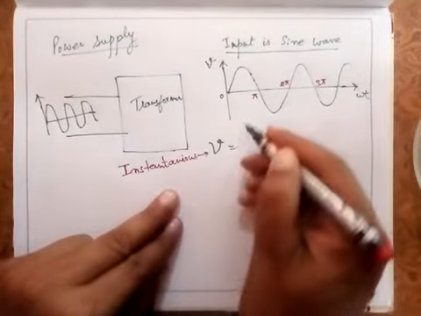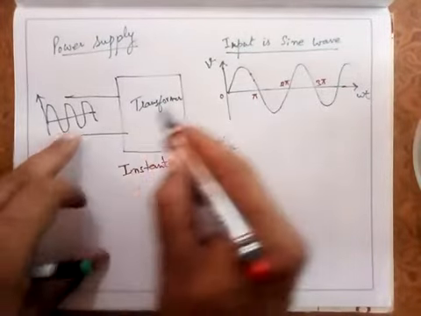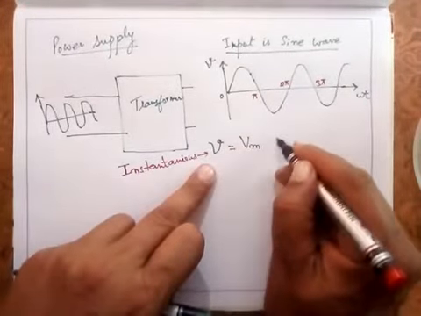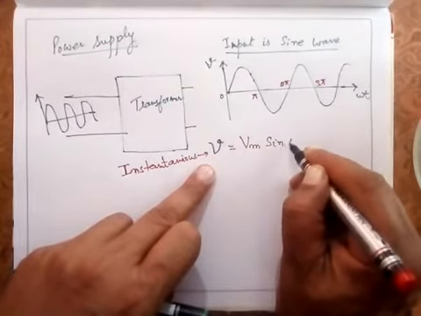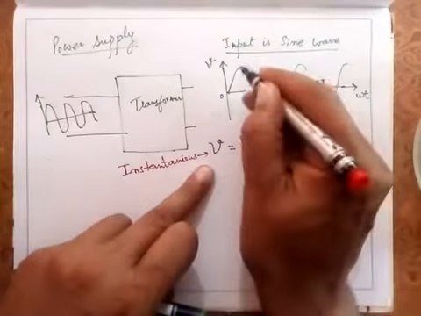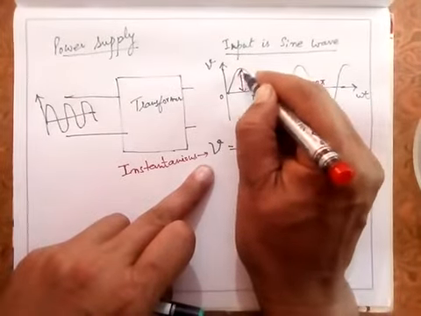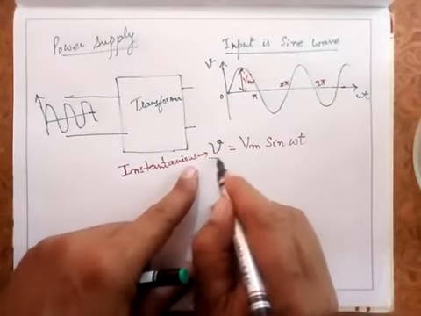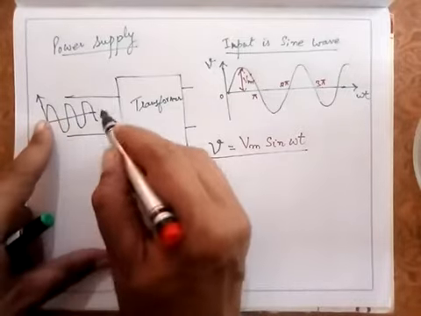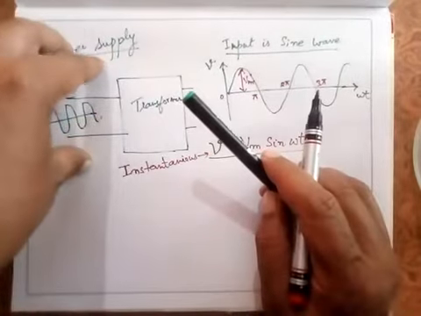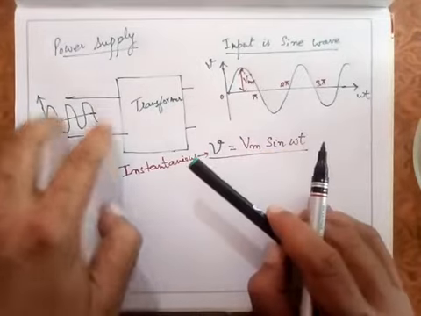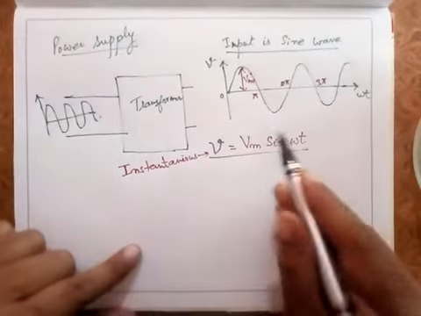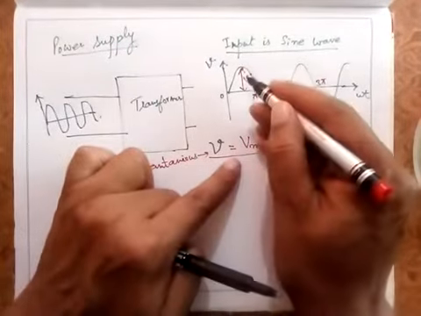We'll assume that the instantaneous value of this signal is V equals Vm sine omega t, where Vm is the maximum value. We'll assume this equation always: the input initially supplied to a power supply is a sinusoidal signal. It can be a sine voltage or sine current, a sine function having value Vm sine omega t, where Vm is the maximum value.